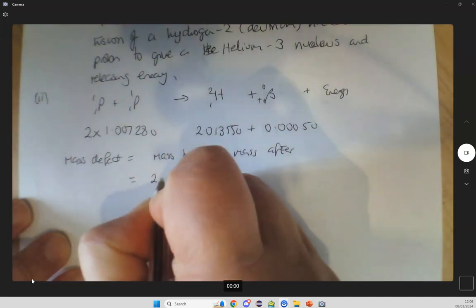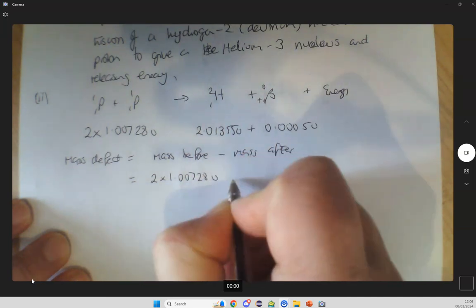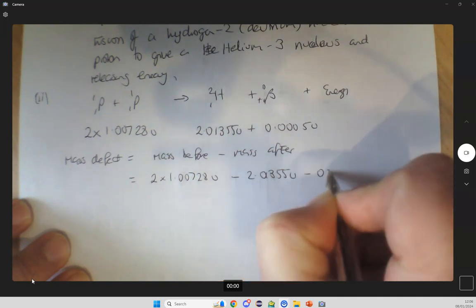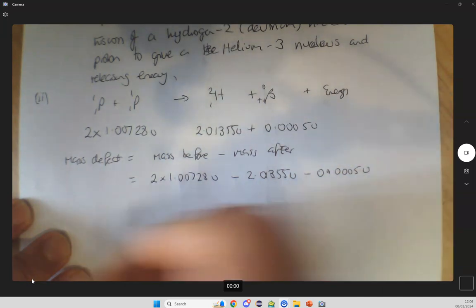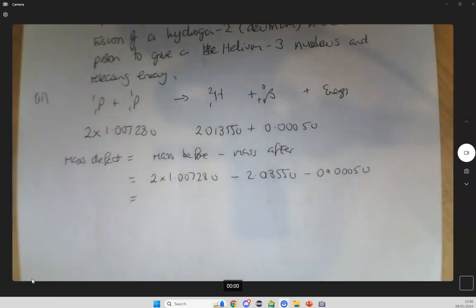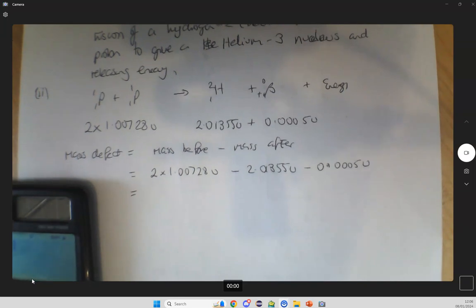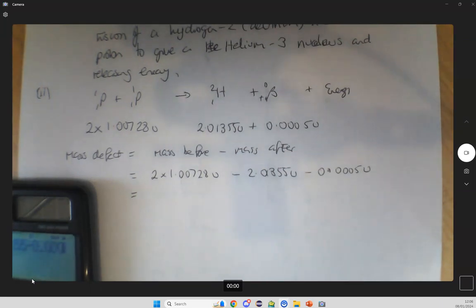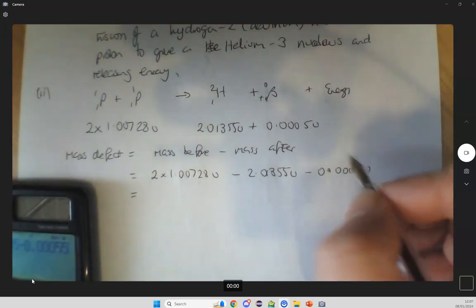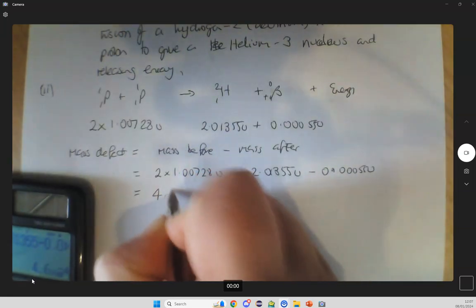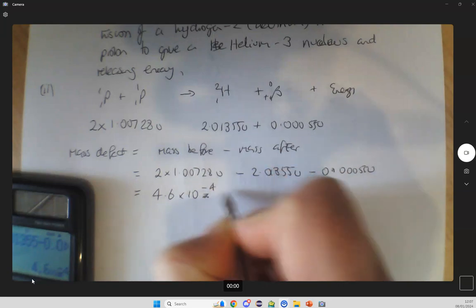So I've got 2 times 1.00728 U, minus 2.01355 U, minus 0.0005 U, and that gives me a mass defect of 4.6 times 10 to the minus 4 U.